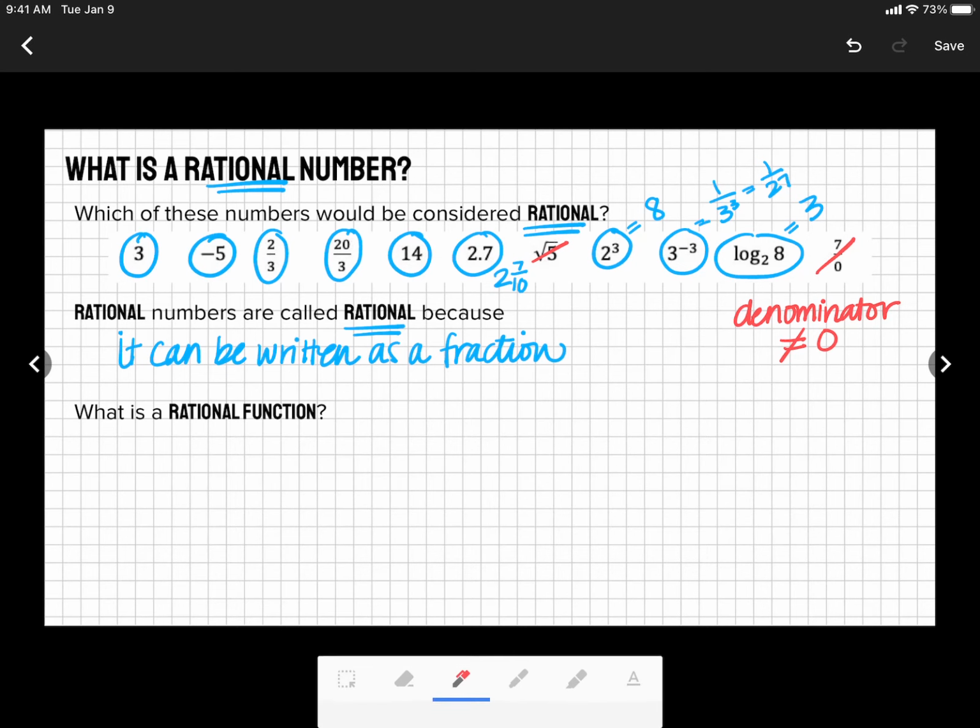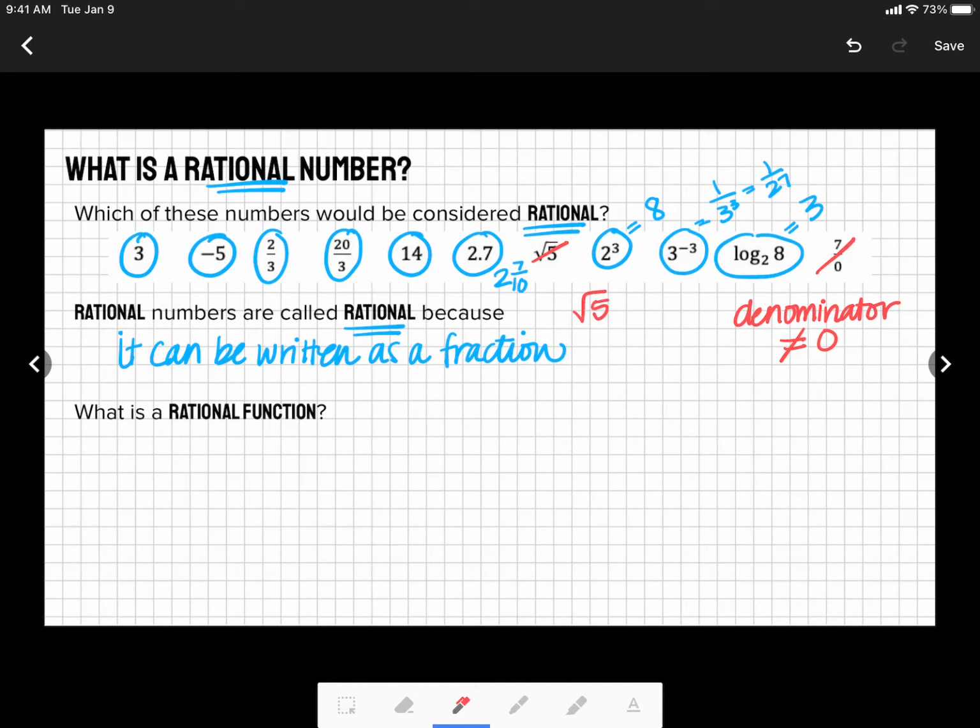But the square root of 5 has a non-repeating decimal. I'm actually just going to say any radical has a non-repeating decimal, and so no fraction can represent that.